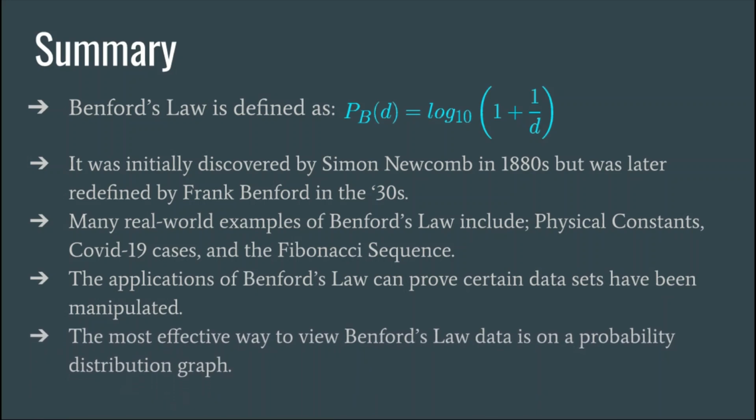Many real-world examples of Benford's law include physical constants, COVID-19 cases, and the Fibonacci sequence. The applications of Benford's law can prove certain datasets have been manipulated, and the most effective way to view Benford's law data is on a probability distribution graph.